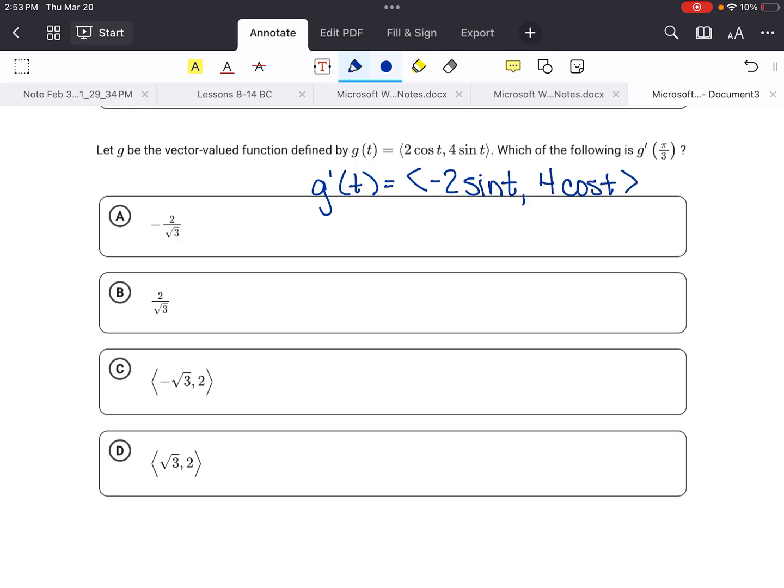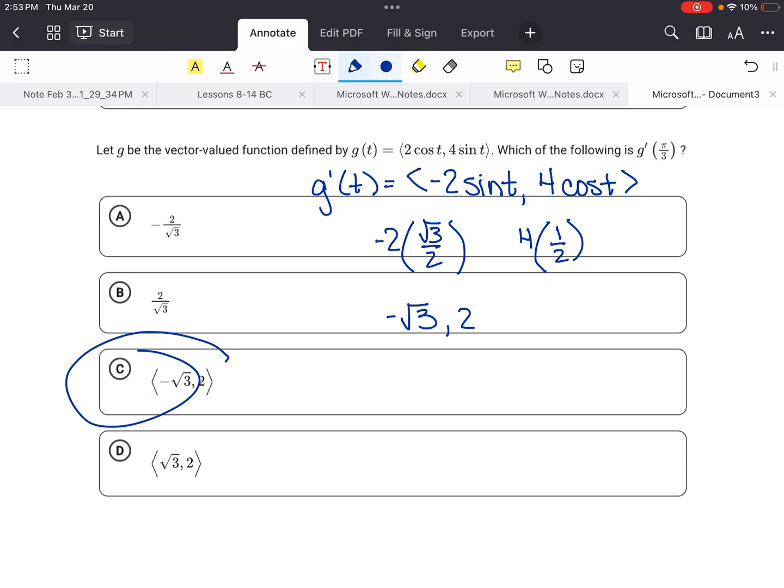And then when you plug in pi over 3, negative 2 times, let's see, y coordinate for pi over 3 is square root of 3 over 2. And 4 times the x coordinate, which is 1/2. So that simplifies to negative square root of 3 for the x and 2 for the y. And C is the correct answer.